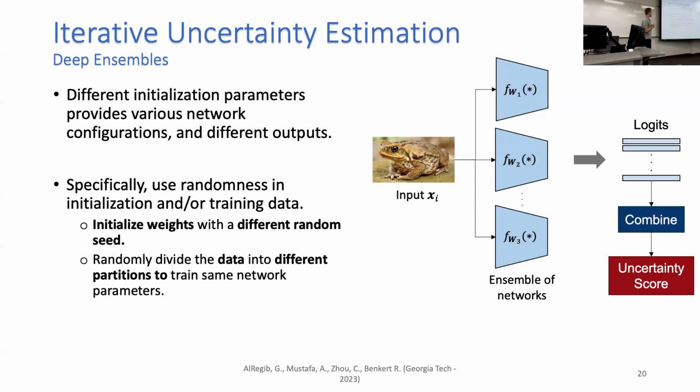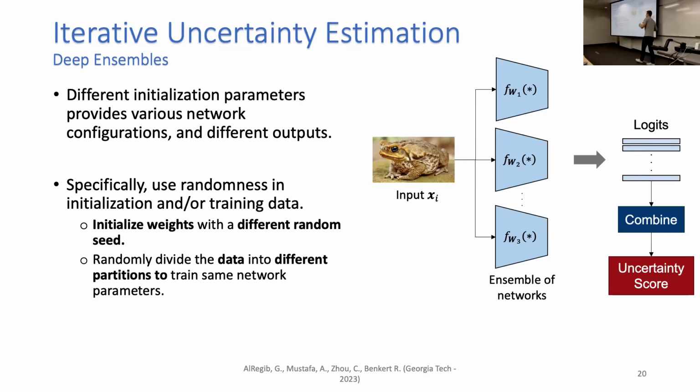One standard way of generating ensembles is by training a bunch of different models. Now, the way you train a bunch of different models can change. You can train all of the different models on the same data. You can divide all of the data into different blocks and train ensembles on different blocks.